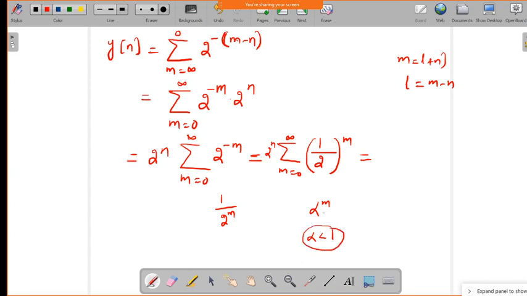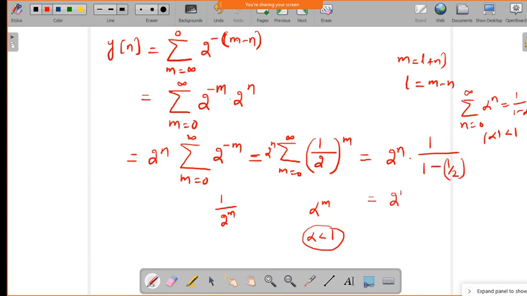So we get the result 1 over 1 minus alpha, which we expressed earlier: the summation n equal to 0 to infinity of alpha power n equals 1 over 1 minus alpha when alpha is less than 1. Applying the same here, we get 2 power n into 1 over 1 minus half, which is 2 power n into 2, so this is equal to 2 power n plus 1.